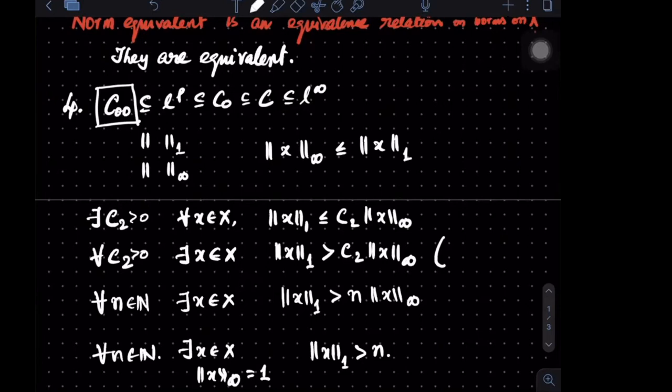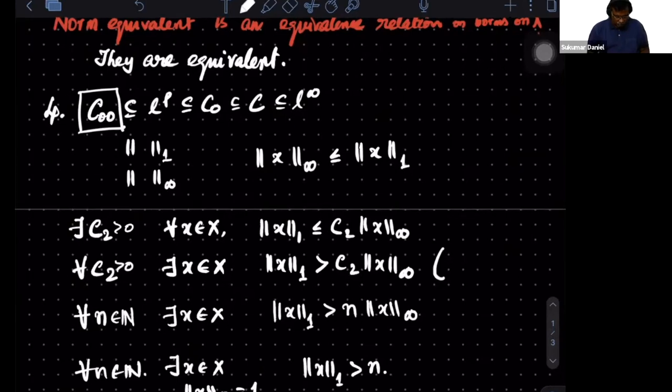Okay, then we can take n plus 1, 0, 0, 0. But what is the infinite norm of that? That will be n plus 1, no? Yes, but I want the infinite norm to be 1.